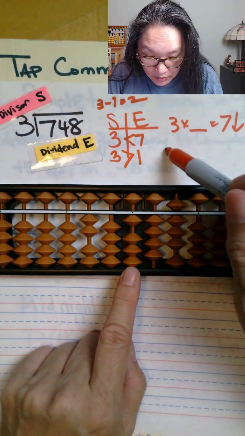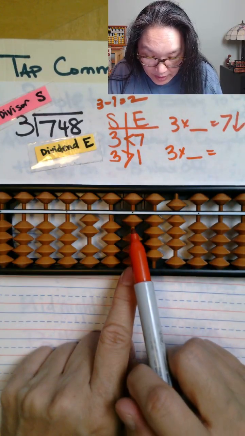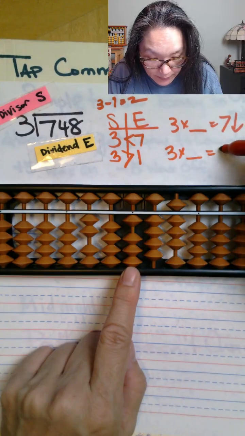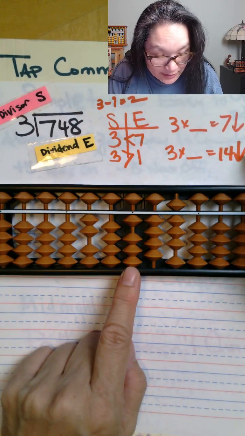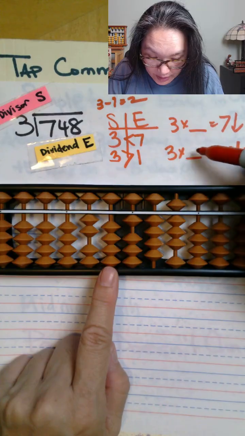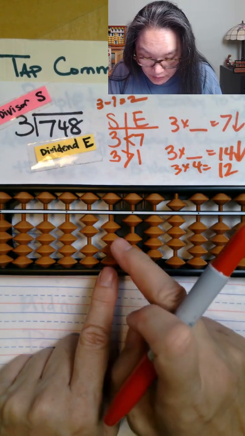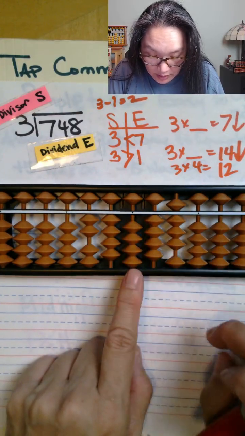So now I know I'm going to use 2 columns. 3 times, what number is this? 14. 1 and 4. Yep, 1 and 4 or less. So that means I'm going to do 3 times 4 is equal to 12. I put 4, take away 1, take away 2.